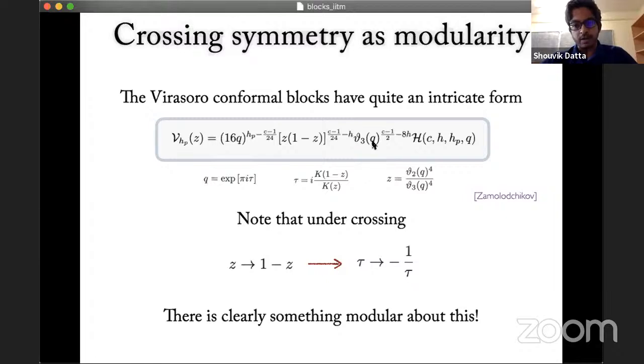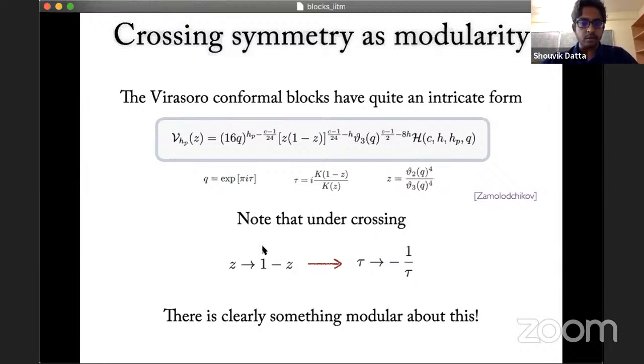Also, there is this q variable appearing over here, which is very much like the q variable that appears in torus partition functions. So this q variable is related to the cross ratio via the elliptic K function in this way. And the inverse relation between the cross ratio and the q variable is this.